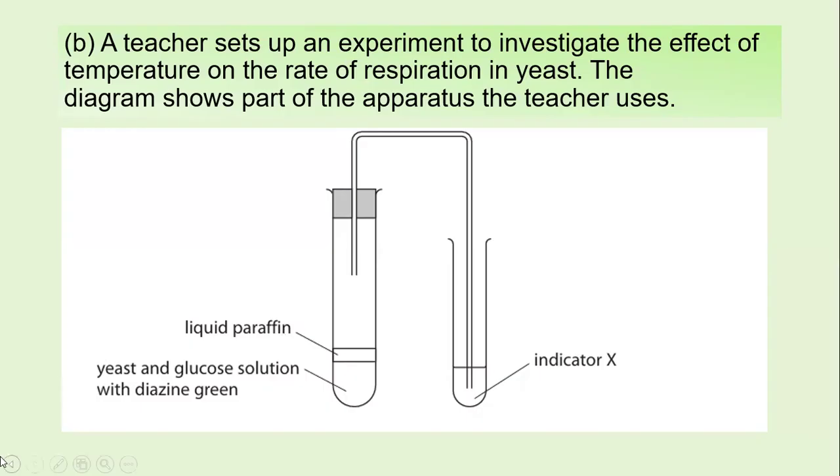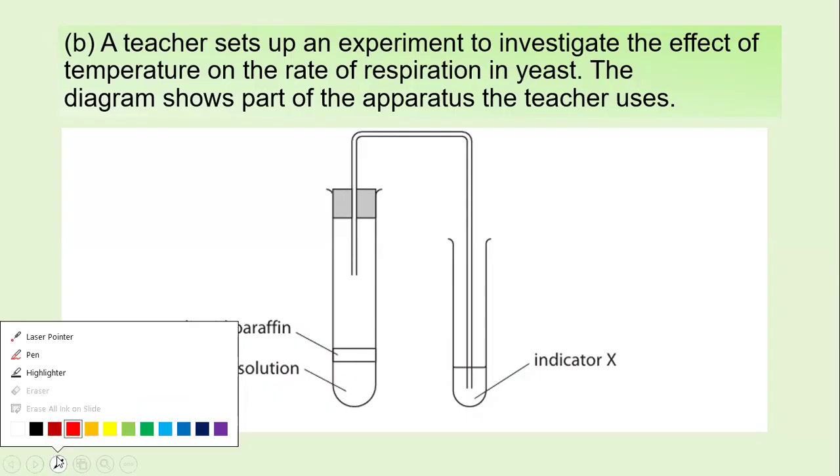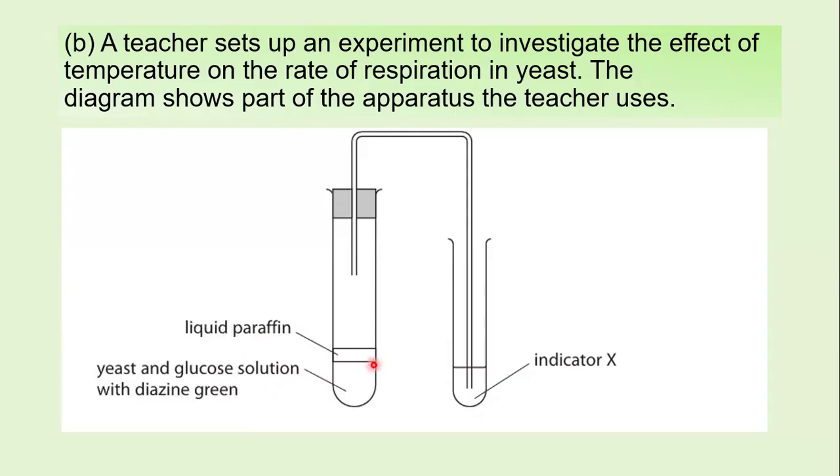You can see here they have used yeast and glucose solution. They have mentioned dicing green, but you don't have to worry about that for the moment. When there is not enough oxygen, this yeast respires anaerobically and ferments glucose into ethanol and carbon dioxide.